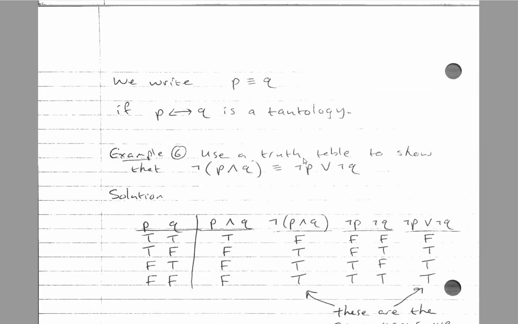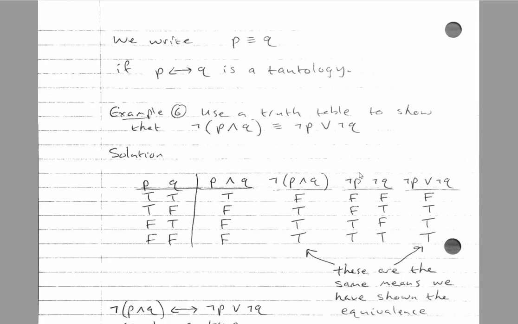Alright, so example 6: use a truth table to show that not (P and Q) is equivalent to not P or not Q. Alright, so there are 4 possibilities for P and Q. So here are the 4 possibilities, so 4 rows.